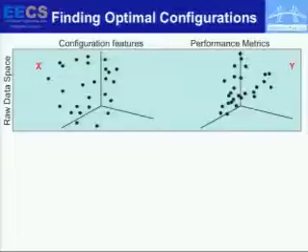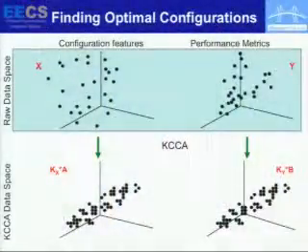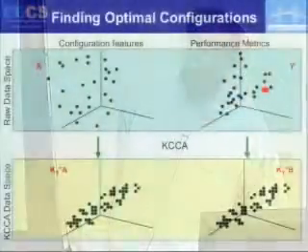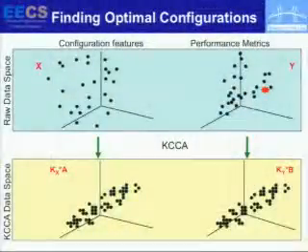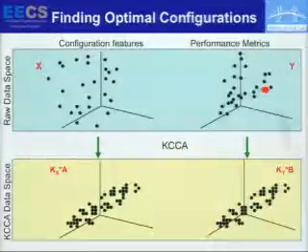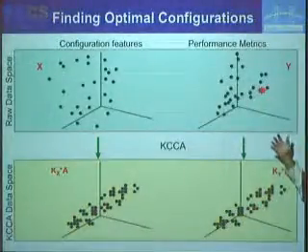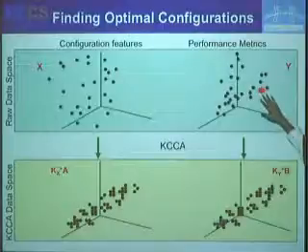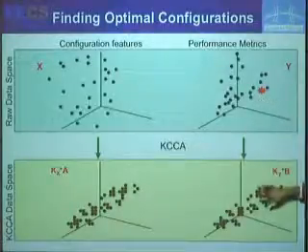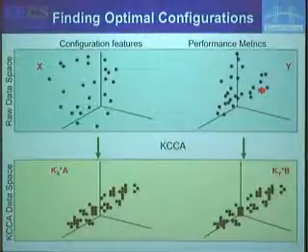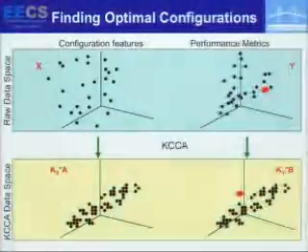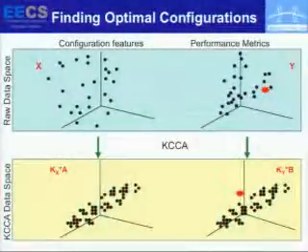So how do we use that to actually come up with new points that may also perform well? OK. So right here, this point, you could imagine, is the best performing point out of our 1,500 data points. So this is in the raw space. We transform that and bring it into the KCCA data space.